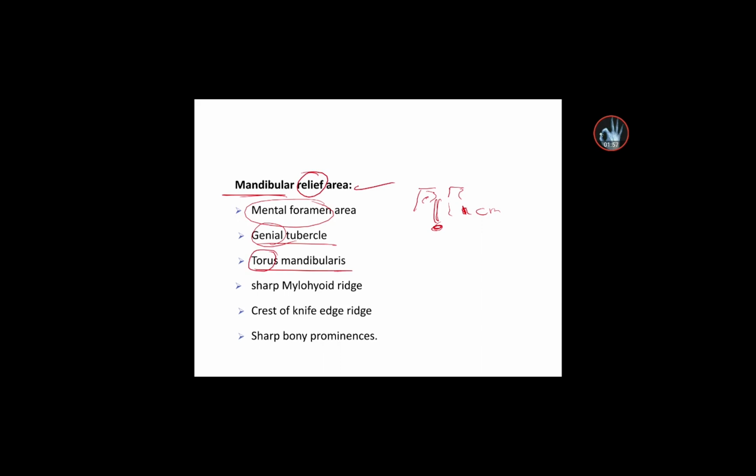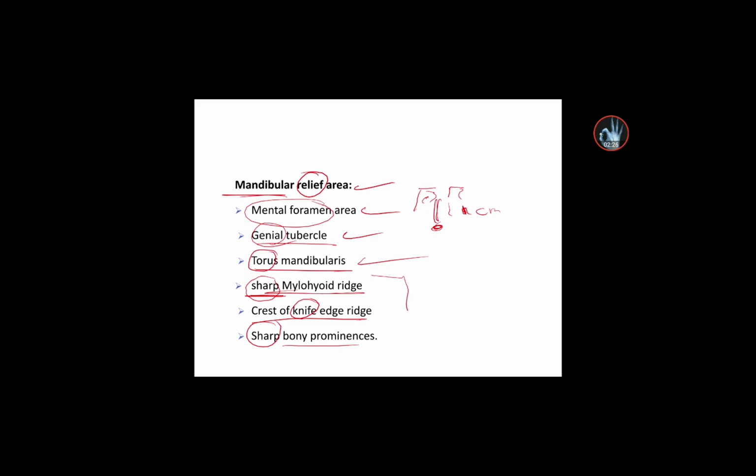And we have also here torus mandibularis, which is found on the premolar area lingually. And we have already talked a little bit about the sharp mylohyoid ridge, and we have the crest, knife edge ridge, and sharp bony prominence. So we will consider the mental and the genial tubercle, and we will talk about the torus palatinus, torus mandibularis.